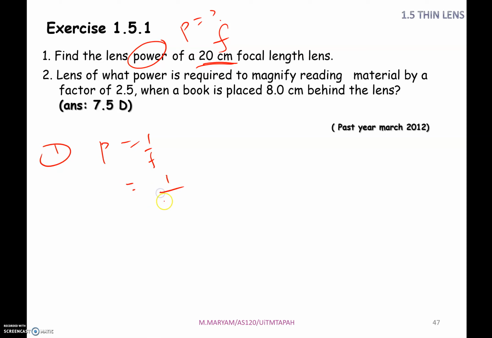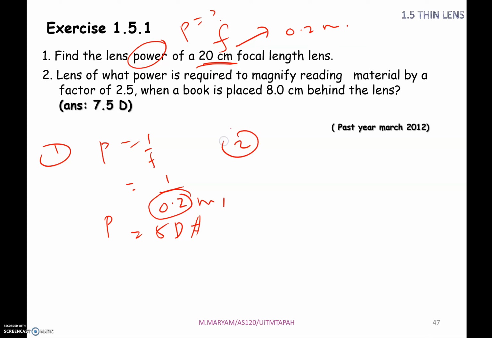Put in all the values. Always change it to SI unit. So your focal length is in centimeter, it will be 0.2 meter. So calculate that, 1 divided by 0.2, and you will get 5 diopter. You will not get the right power if you don't convert it to SI unit or to meter. So make sure you change the focal length to meter first before you calculate the power.